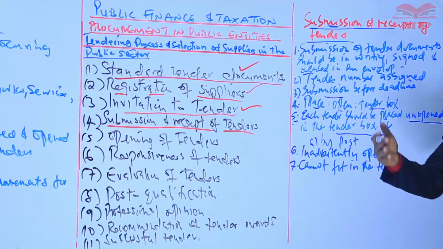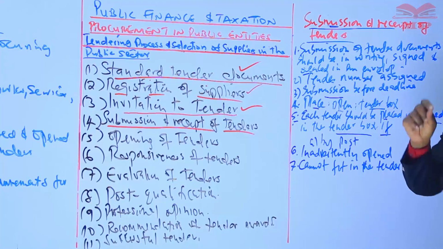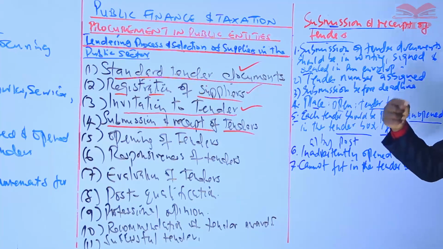If a tender or part of a tender cannot fit in the tender box, it should be received in the manner set out in the tender documents or in the invitation to tender.